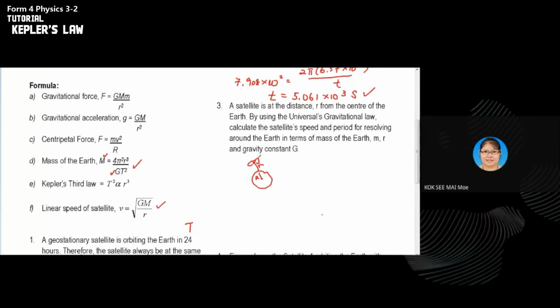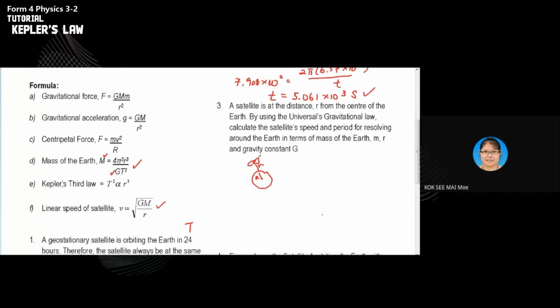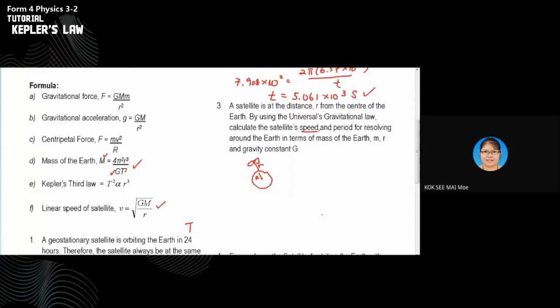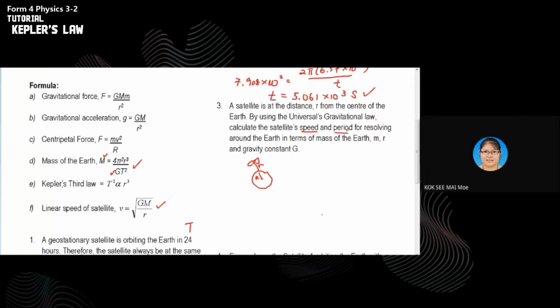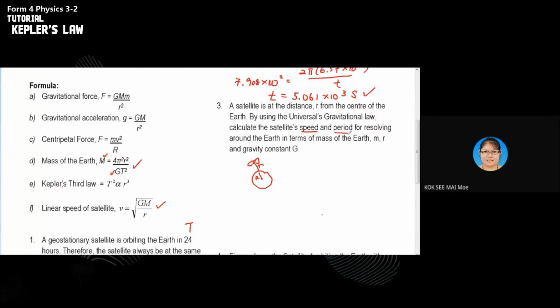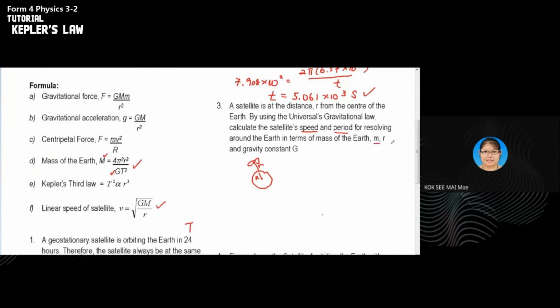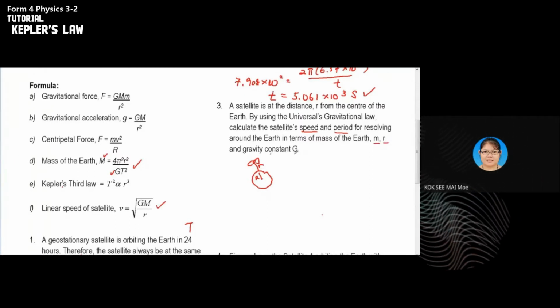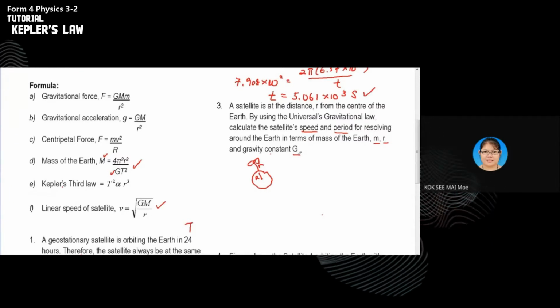By using the universal gravitational law, calculate the satellite speed and period, again speed and period, revolving around the Earth in terms of M, R, and G. The answer doesn't want a value. They want the answer in M, R, and G, which means your answer doesn't have magnitude. They just have M, R, and G.